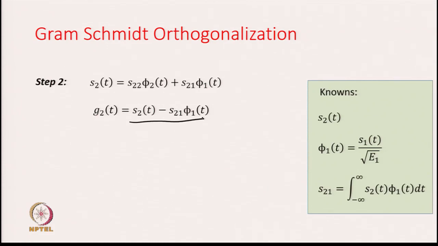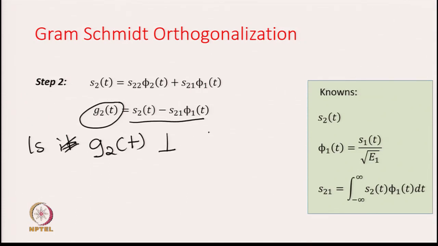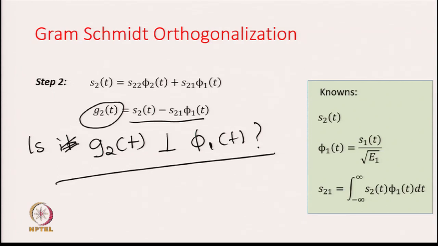Okay. Now, let us first check whether this function g 2 t is orthogonal, is g 2 t perpendicular or orthogonal to phi 1 t. Let us check this out. And how do we check this out?